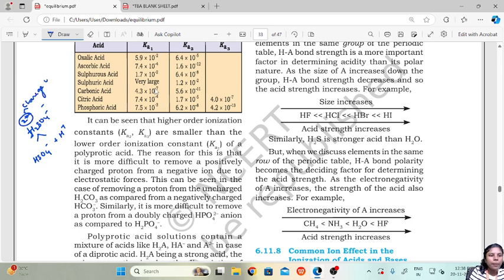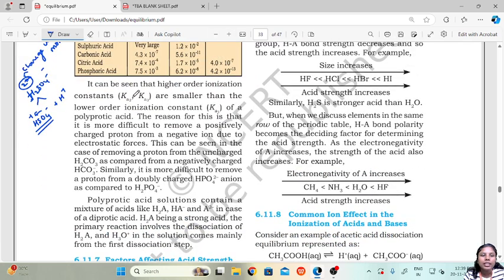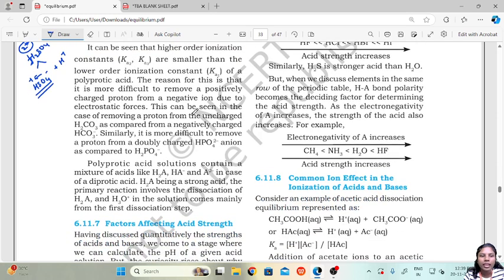But now it is equally balanced. When you have it equally balanced, the electrostatic forces work equally. Even if you try to pull it, this one will try to keep holding on, so it becomes difficult in that case. That is why Ka2 and Ka3 are smaller than the lower order ionization constant Ka1.